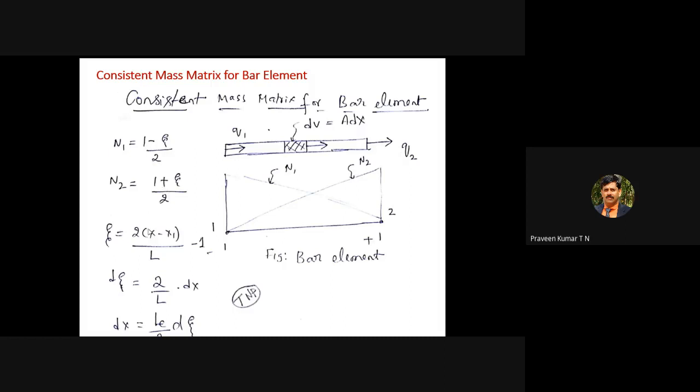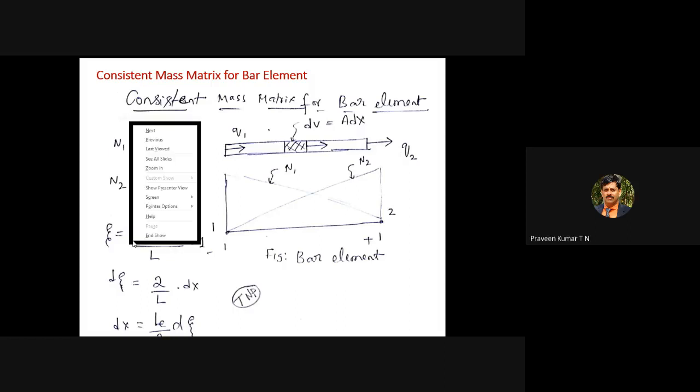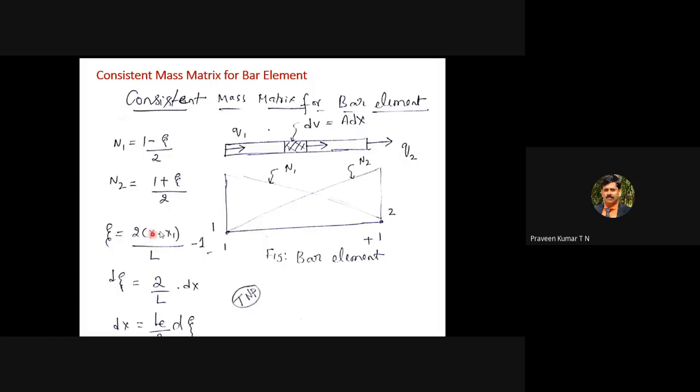There is one more formula which relates the global coordinate x and the natural coordinate xi. Xi is equal to 2(x minus x1) by L minus 1, and if you differentiate this, we get d xi equal to so and so.